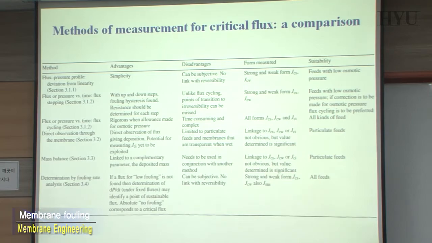And people have also been trying to develop different methodologies for measuring the critical flux. The easiest one is just to measure the flux and pressure profile and detect where this deviation from linearity is, a relatively simple method.